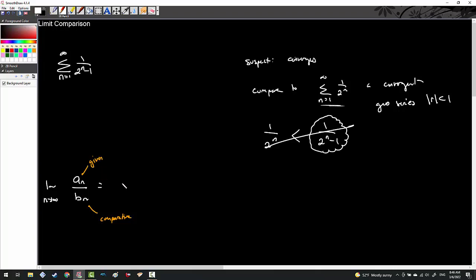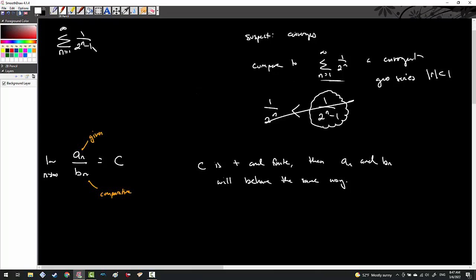If I get a value c, if c is positive and finite, then that means that a sub n and b sub n will behave the same way. And in this case, because we are comparing our given series to a convergent series, that would mean then that if I did the limit comparison of this particular series here, I would end up with both series behaving the same way, in this case, heading towards convergence.